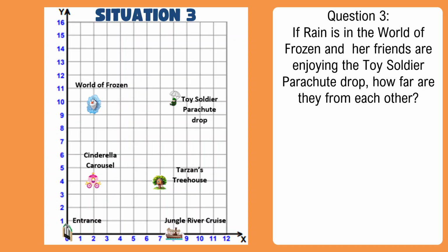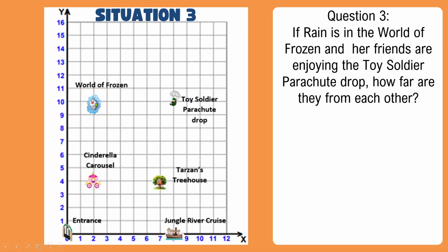Another question. If Rain is in the World of Frozen and her friends are enjoying the Toy Soldier Parachute Drop, how far are they from each other? So Rain is at the World of Frozen, her friends are at the Toy Soldier Parachute Drop. So the question is, how far is Rain and her friends from each other?